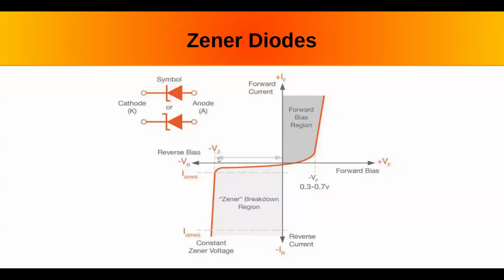It will have some in a real diode until you get to the Zener voltage, and then it avalanches. And again, its current is limited by the internal resistance of the device. In the theoretical diode, these would be vertical lines. They'd have no internal resistance. And we use that little Z to distinguish it from a regular diode.